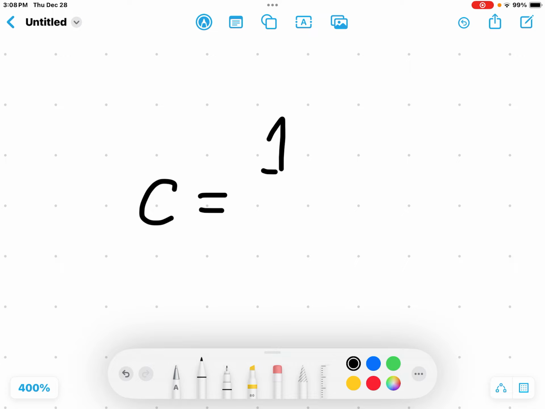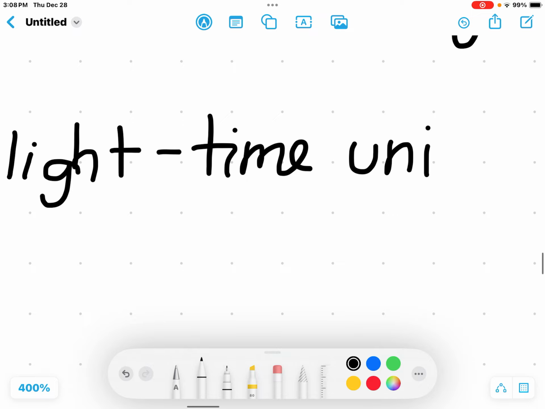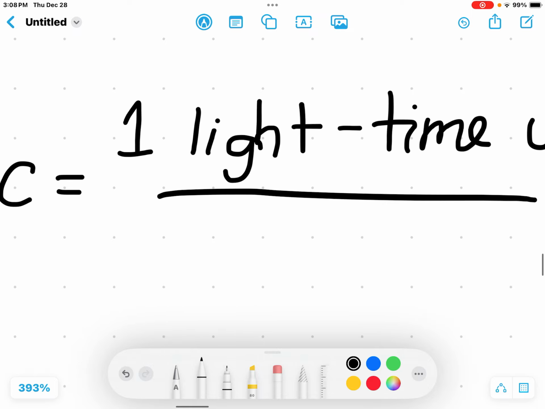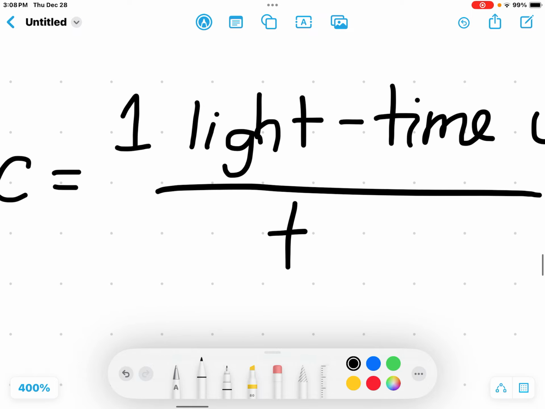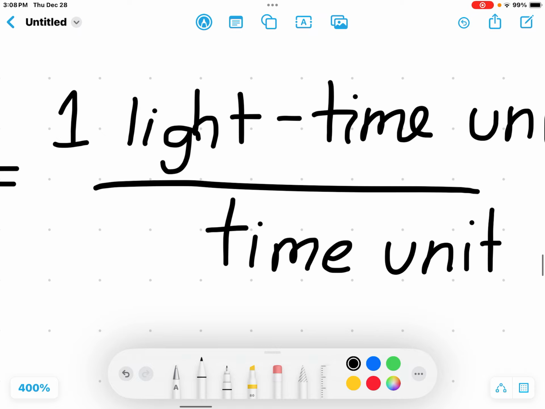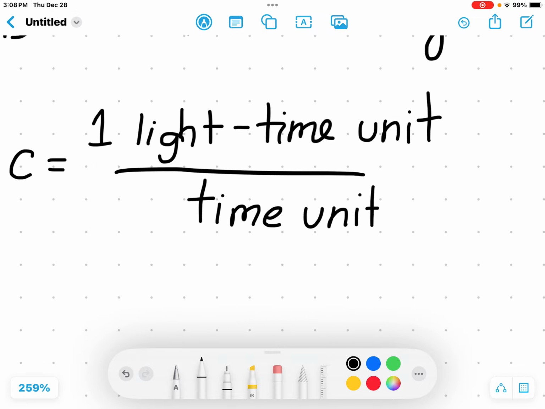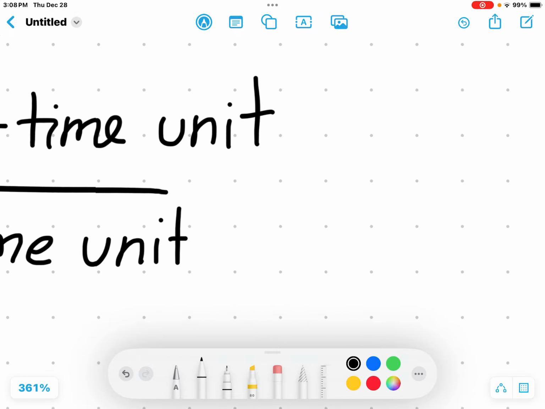So we're saying c is 1 light time unit over time unit. You could talk about it like 1 over 2 seconds or something like that, but what we're essentially doing is standardizing time units, and then stuff like that cancels out and just gives us 1.